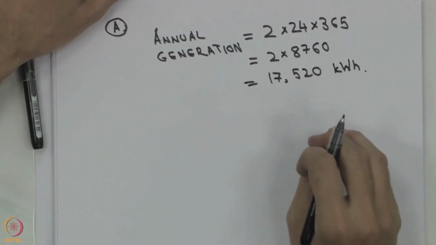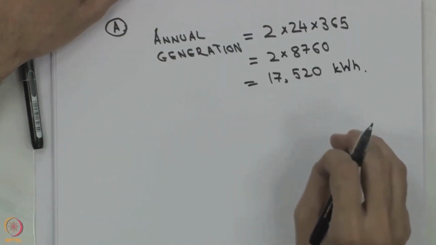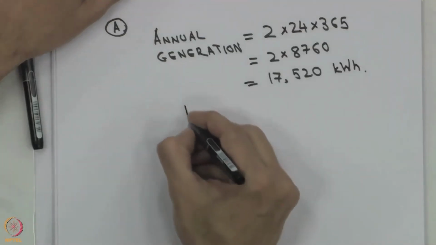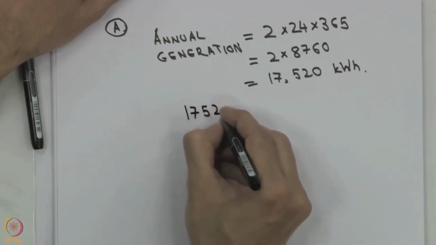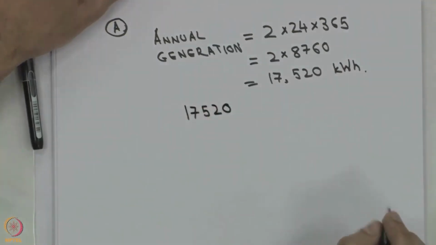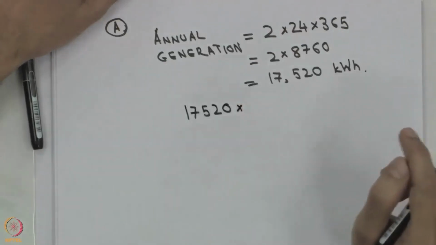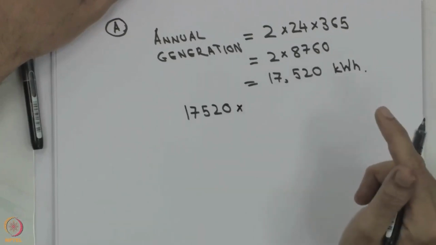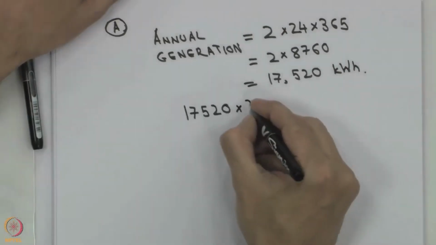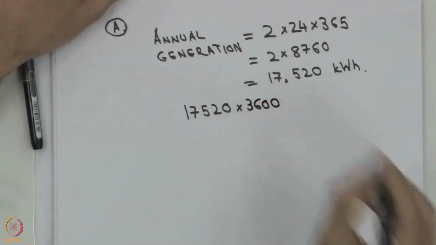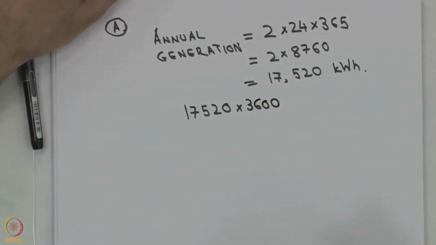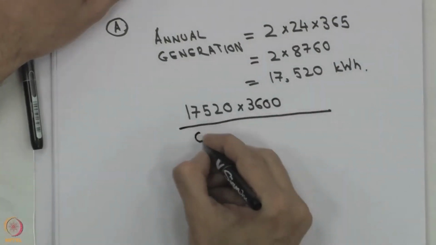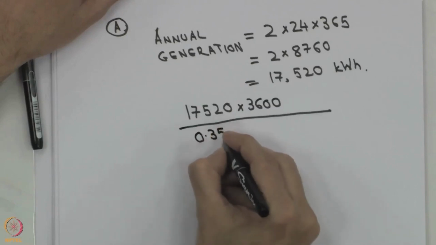Now, in order to meet 17,520 kilowatt hour, in the case of the diesel engine, we are firing diesel in the engine, we want to find out how much diesel we are using. So, the output that we have is 17,520 kilowatt hour. 1 kilowatt hour is 1 kilowatt, which is kilojoules per second, into 60 seconds per minute into 60 minutes per hour, which means into 3600, that is 3600 kilojoules. This is the required output in kilojoules. Divide this by the efficiency of the diesel engine, which is given to us as 35%, so 0.35.